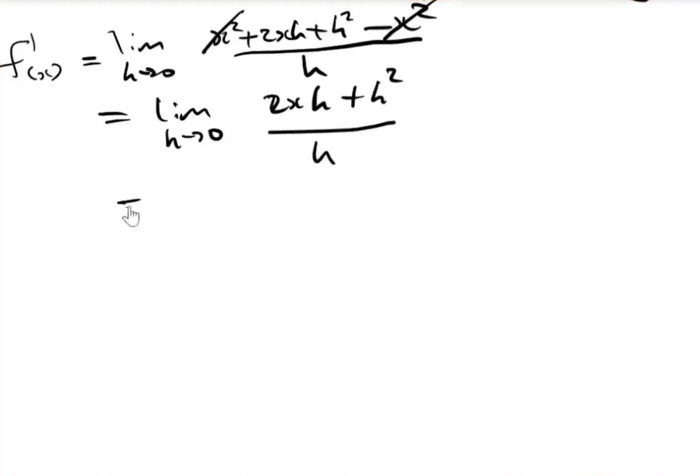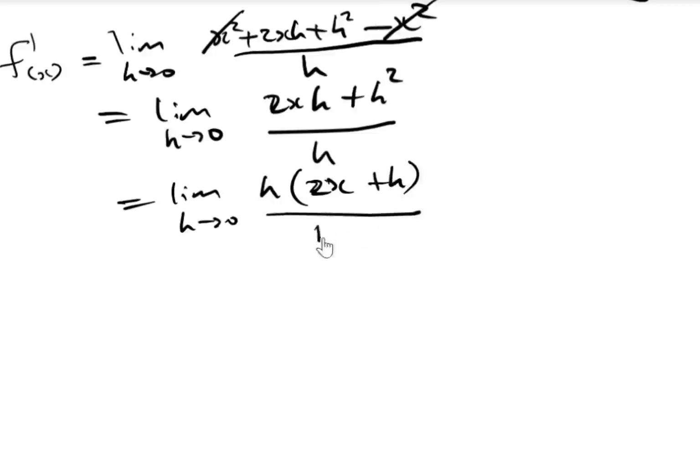We can decide to factor out h from this, and this will give me the limit as h approaches 0 of h into 2x plus h, divided by h.